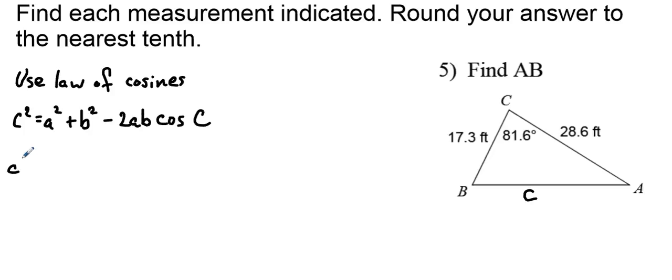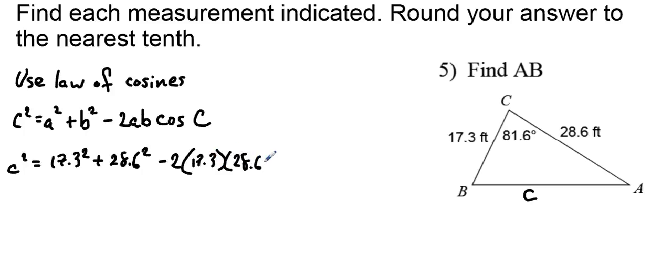So C squared equals 17.3 squared plus 28.6 squared minus 2 times 17.3 times 28.6 times the cosine of 81.6.